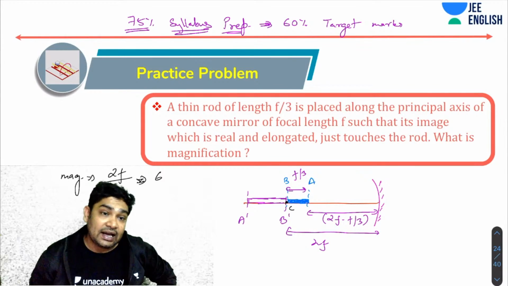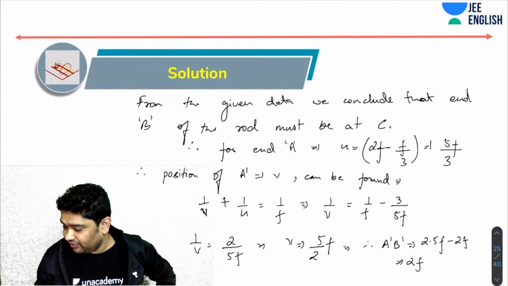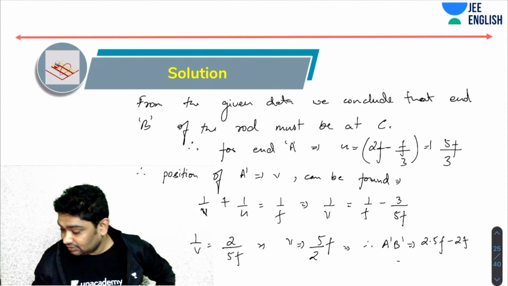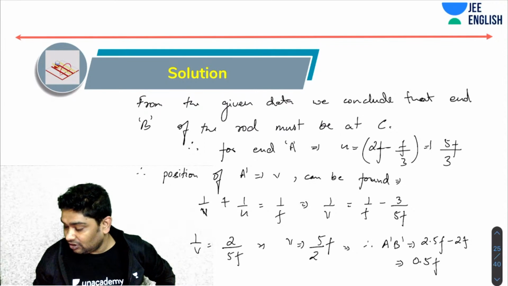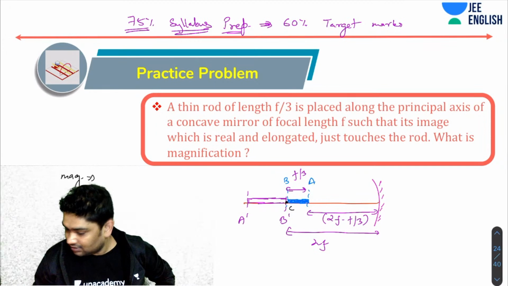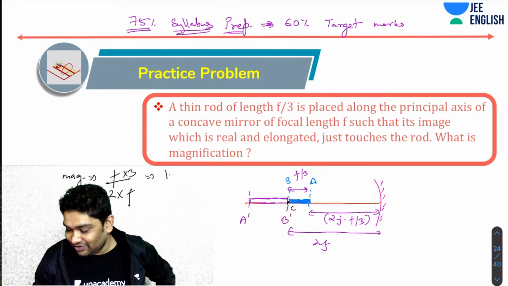Once I find A dash, now I can find the image. Okay, so wait. I just realized this is f by 2, 0.5f, not 2f. Magnification will be 1.5, not 6. f by 2 over f by 3. Magnification is 1.5.